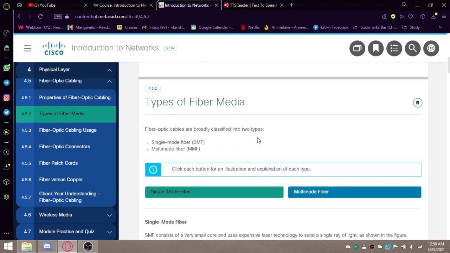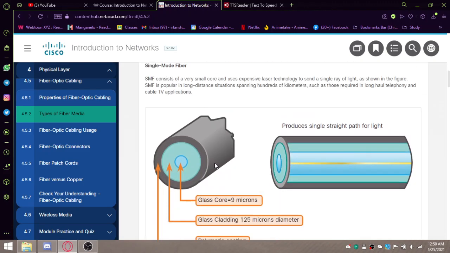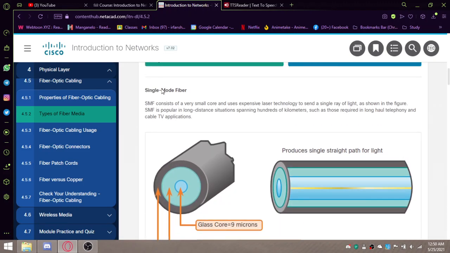Okay, type of fiber media. There are 2 types, which is single mode fiber, SMF, ingat SMF, and then multi mode fiber ataupun MMF. Firstly, kita tengok dekat SMF ataupun single mode fiber.